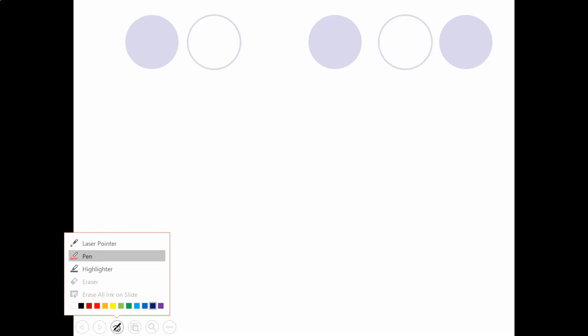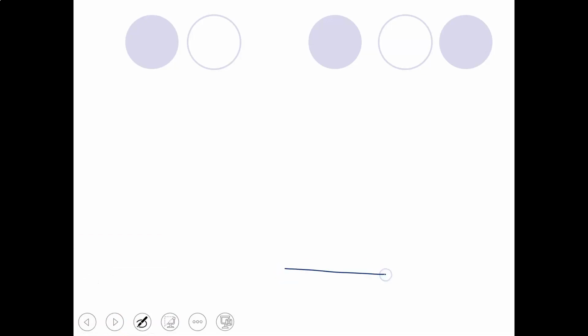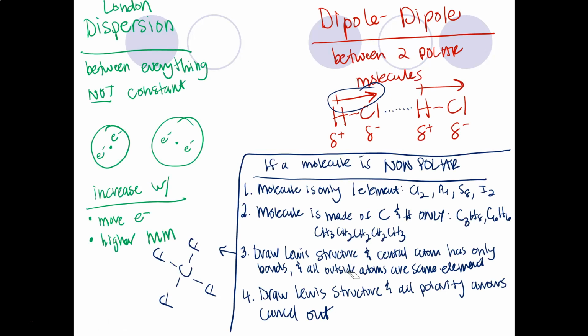I have 2 more intermolecular forces to do. What colors did I do in the last? Green, red. Okay. Make that blue. The next strongest one after dipole-dipole is hydrogen bonding. This one's super duper specific.